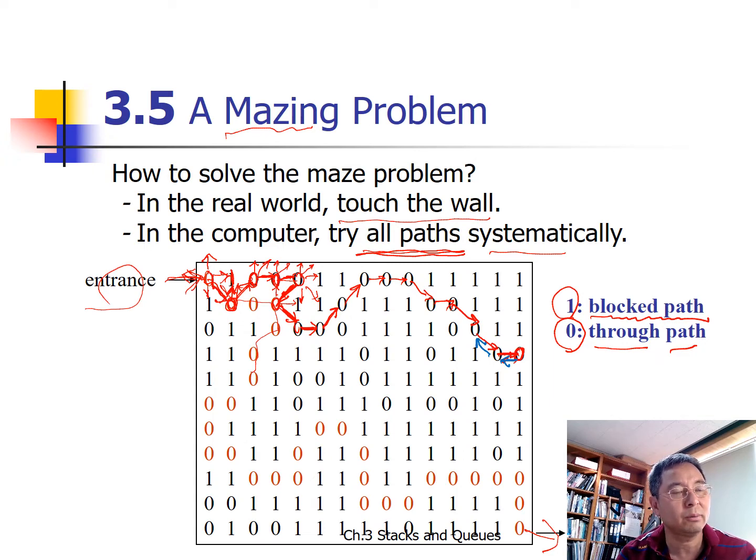At this point, we will continue to search. At this point we will find this possible way, and at this point we will find this way, but this is also an end point. There is no possible through path, so we will go back again here.